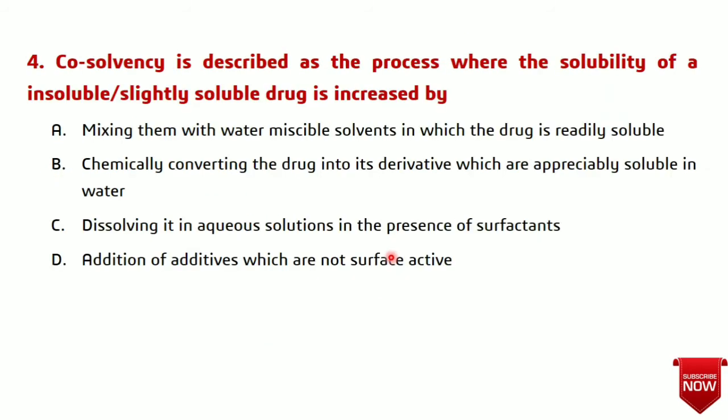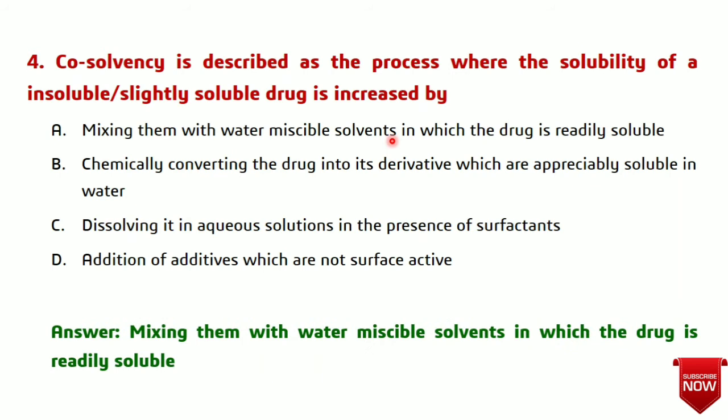Question number 4. Co-solvency is described as the process where the solubility of an insoluble or slightly soluble drug is increased by. Observing options A, B, C, D: mixing them with water miscible solvents in which the drug is readily soluble, that is the answer.